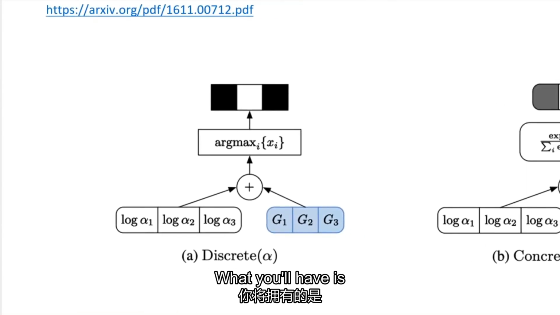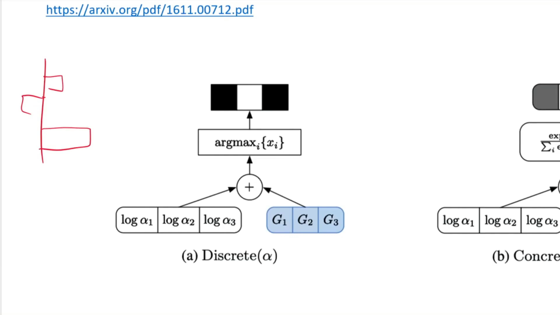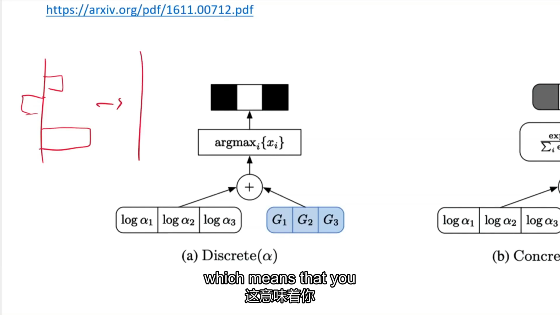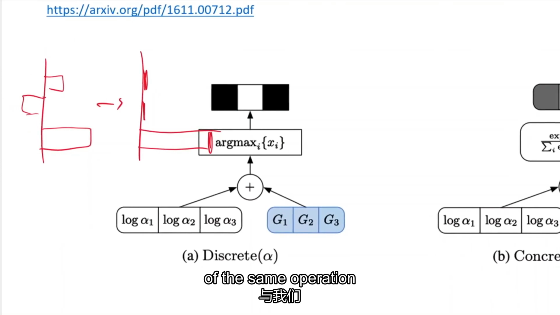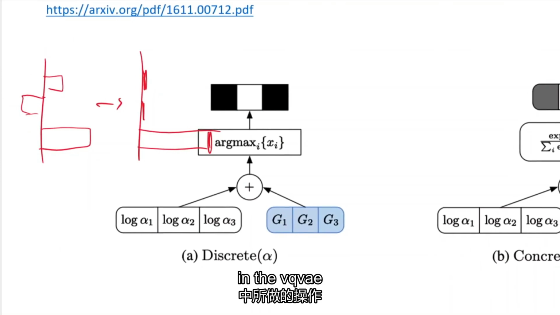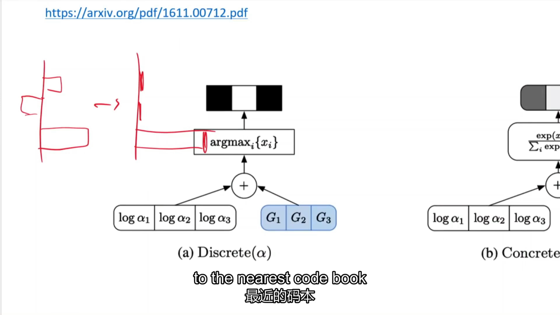You'll have some sort of logits, and you take the argmax of it, which means you put it into a distribution where it's just one value. This is the same operation as in the VQVAE, where we assign each output of the encoder to the nearest codebook vector. We say you can only have one of the codebook vectors, that's it.